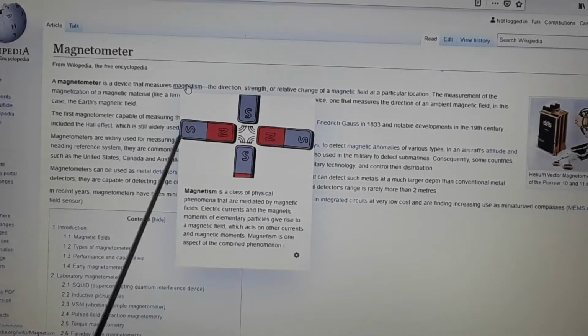Scroll over. What does it say for magnetism? Magnetism is a class of physical phenomena that are mediated by magnetic fields. Electric currents and the magnetic moments of elementary particles give rise to a magnetic field, which acts on other currents and magnetic moments. Magnetism is one aspect of the combined phenomena of electromagnetism.